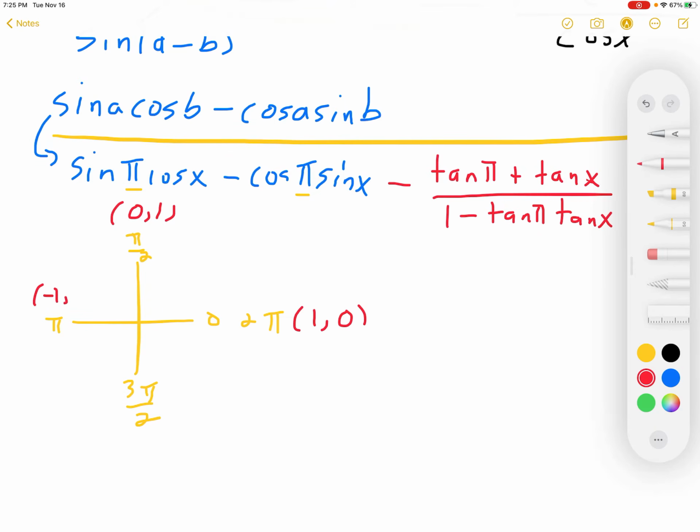This would be -1 and 0. And this would be 0 and -1. These are x's and y's, true, but more specifically, these are cosine values and these are sine values. And so a couple of values stick out here.